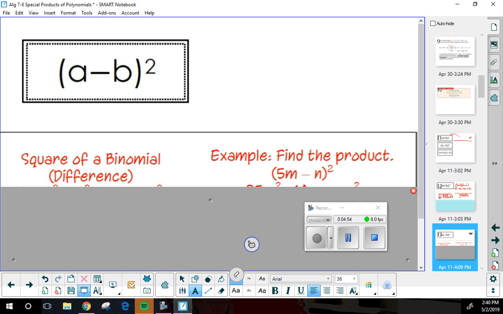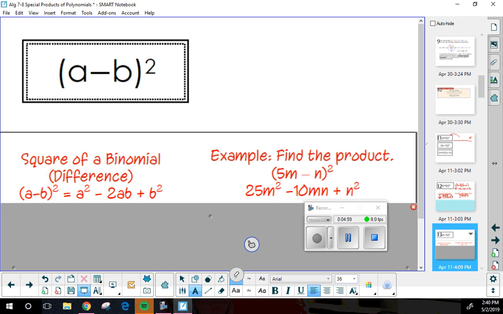So this time, if we have a minus b squared, again, we can do FOIL, but it's the same thing as last time: a squared, b squared down here, but instead of plus 2ab, it's a minus 2ab. A squared minus 2ab plus b squared.